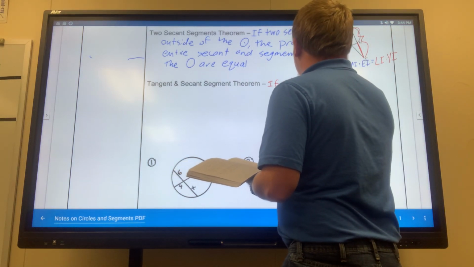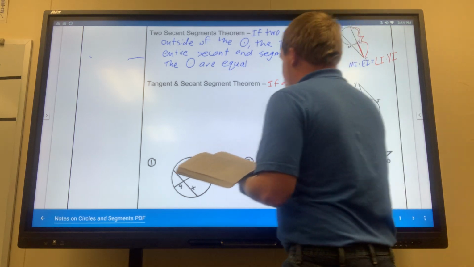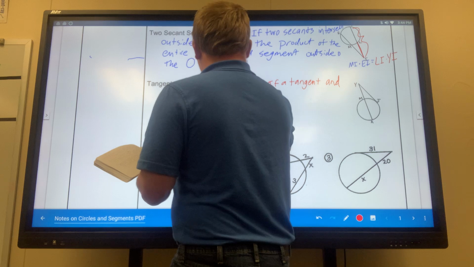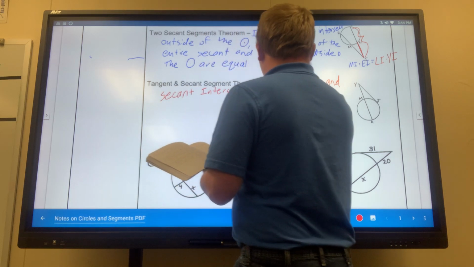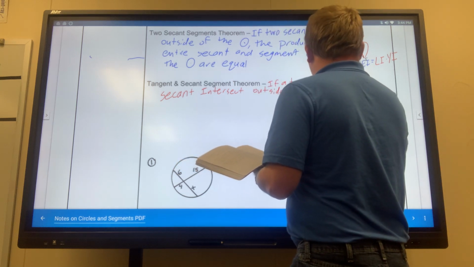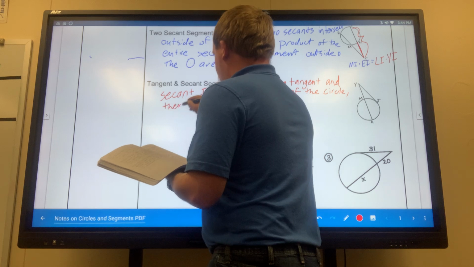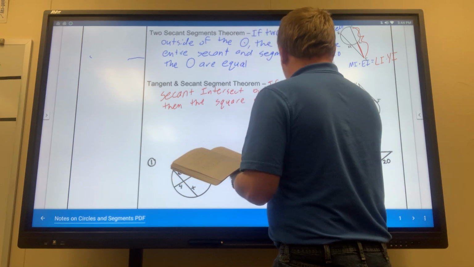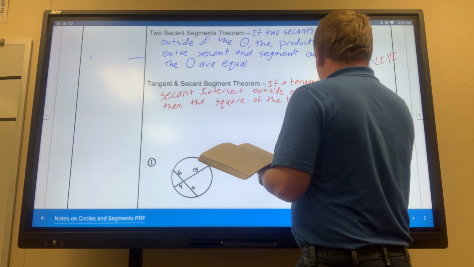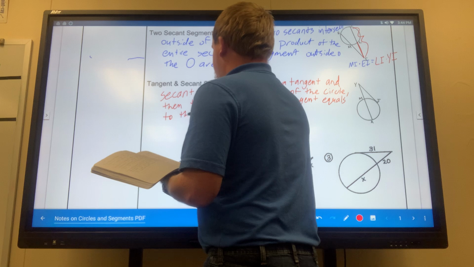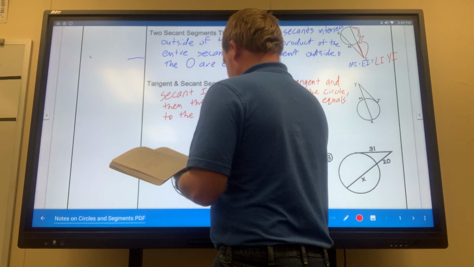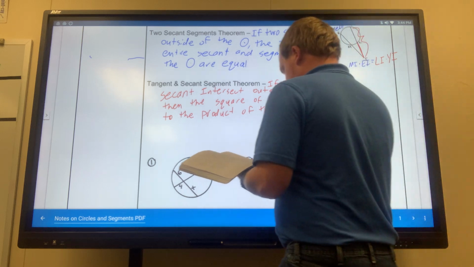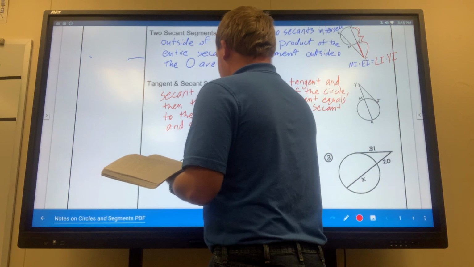If a tangent and secant intersect outside of the circle, then the square of the tangent equals the product of the entire secant and the segment outside of the circle.